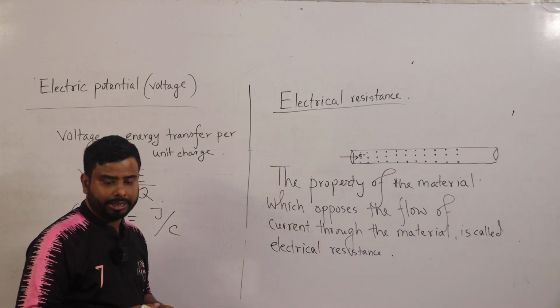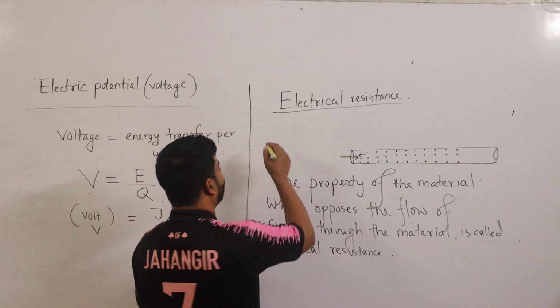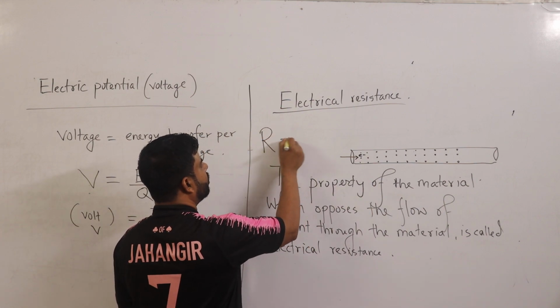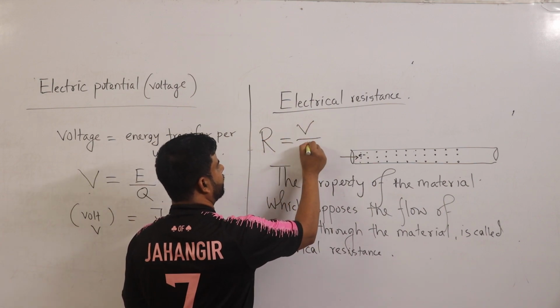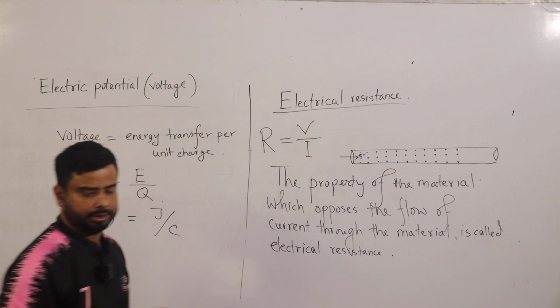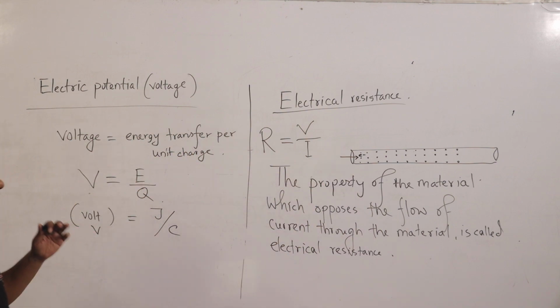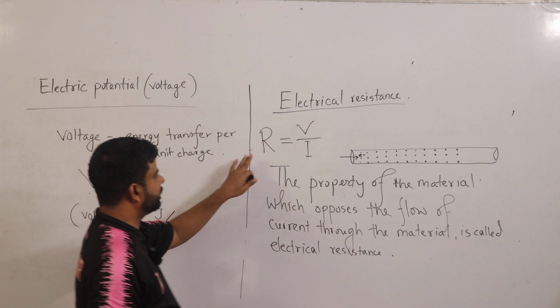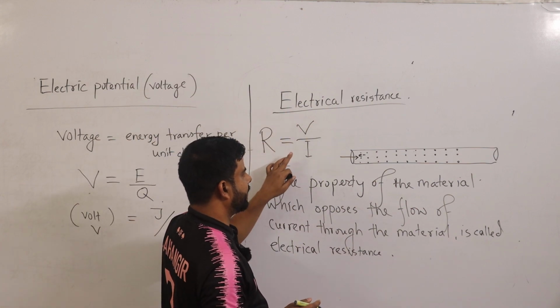We can calculate resistance by using the formula: resistance equals voltage divided by current.